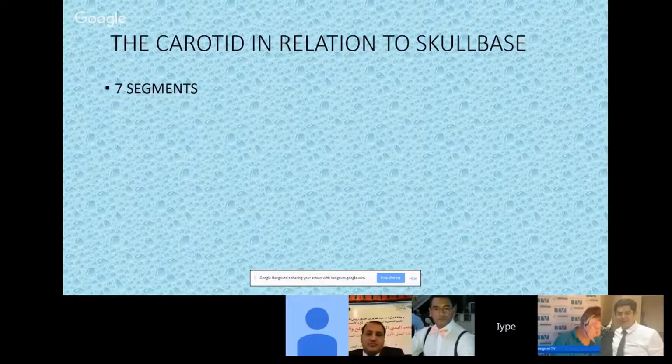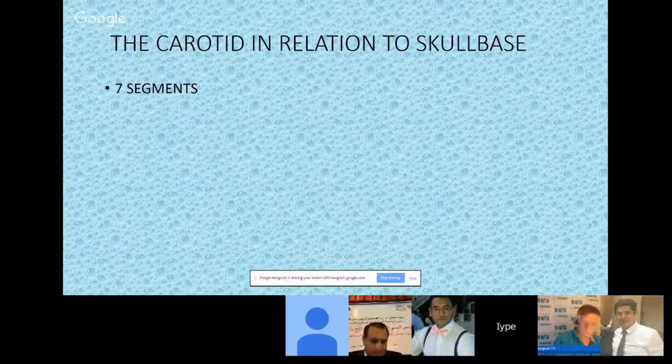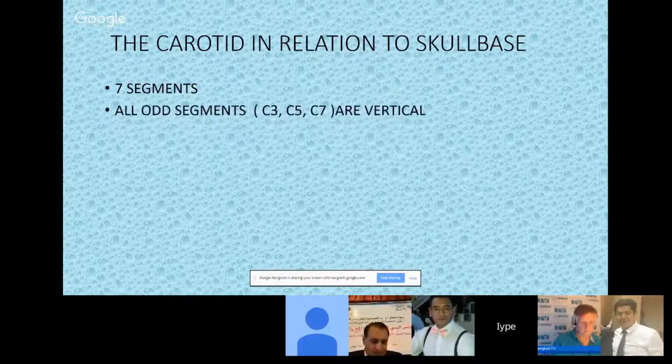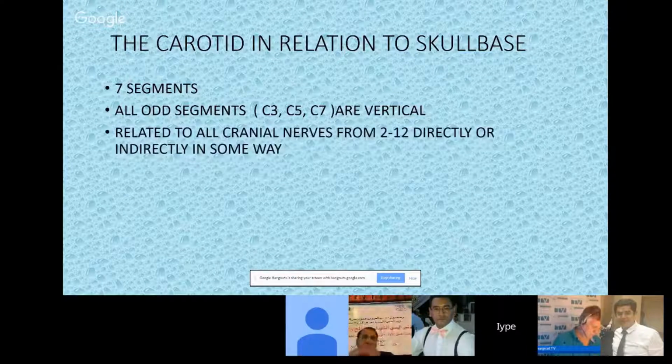There are 7 segments. There are many classifications, but I am following the least difficult classification. We want to see 7. So C7, all the odd segments, that is C3, C5, C7, are vertical. They are related to all cranial nerves from 2 to 12.